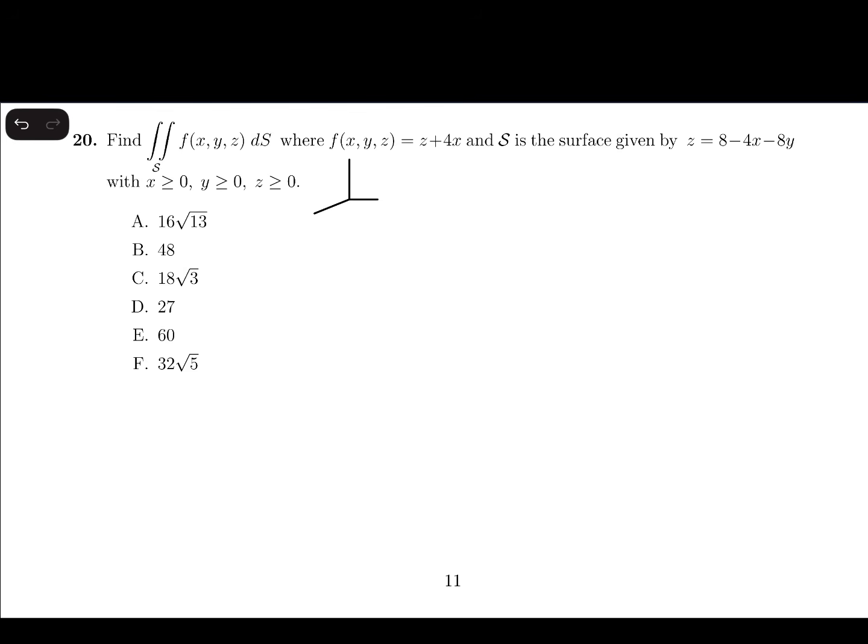So the first thing we're going to want to do, since we're restricted to the first octant, is find a projection, let's call it D, on the xy plane, which means we set z equal to 0. So in this case, z is equal to 0, which means 0 equals 8 minus 4x minus 8y. So 8y is equal to 8 minus 4x, which means that y is equal to 1 minus 1/2 x.